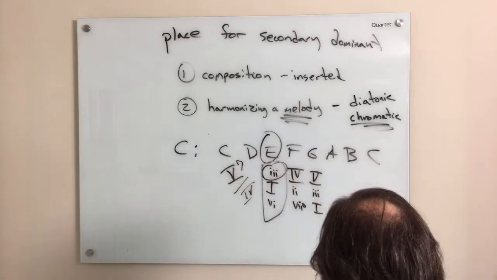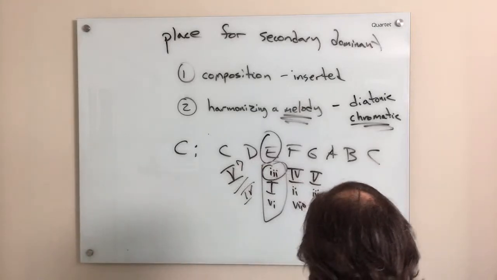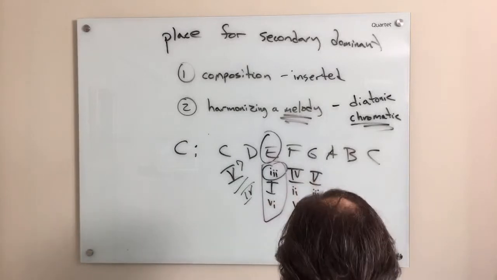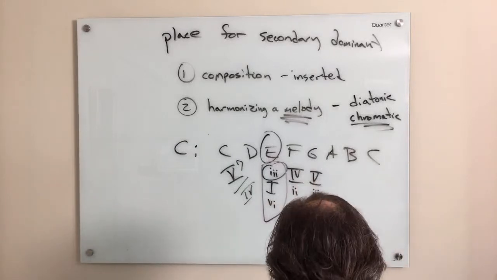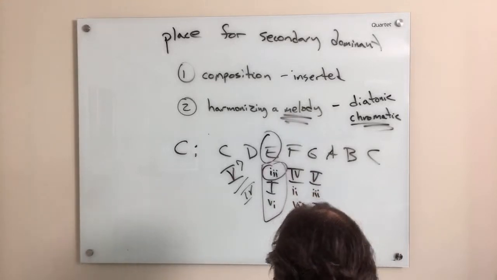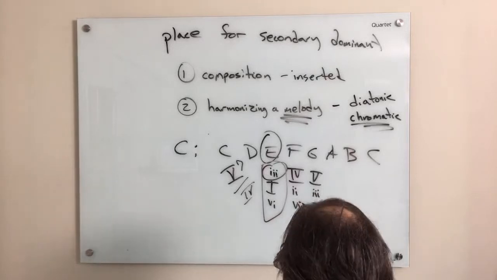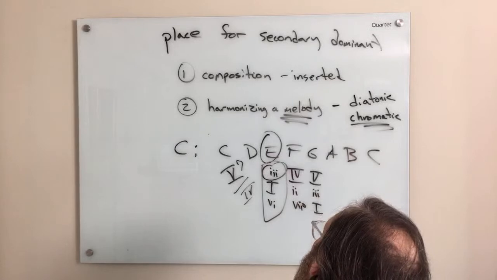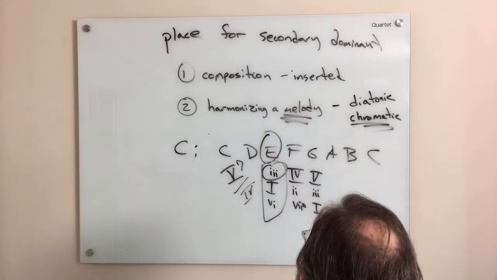And I can harmonize that E with a 5, 7 of 4. So I could go, and say my melody goes, so I'm going 1, passing tone, 5, 7 of 4, 4.